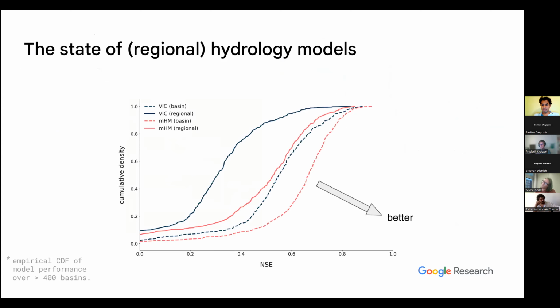And here it's worth saying that in general, I would say there are two completely different ways how you can calibrate these models, to get the best possible parameters of your model for a specific basin. One approach is you calibrate the model parameters individually for each of the basins that you are interested in. This is called single basin modeling or single basin calibration. And the other approach is regional calibration.